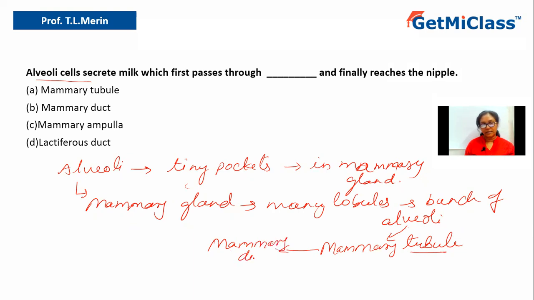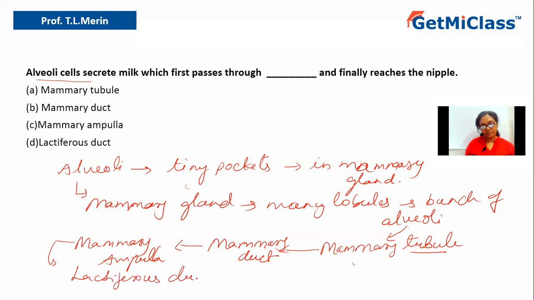So mammary tubule is the thinnest, then a little thicker in diameter is the mammary duct. Further, the milk will pass from the alveoli to the mammary tubule to the mammary duct, and from the mammary duct to the thicker tube, which is called mammary ampulla. And further, from the mammary ampulla, it will get inside something called the lactiferous duct.